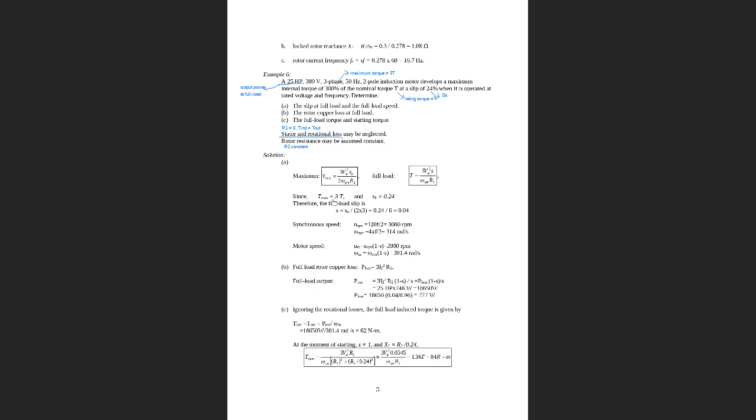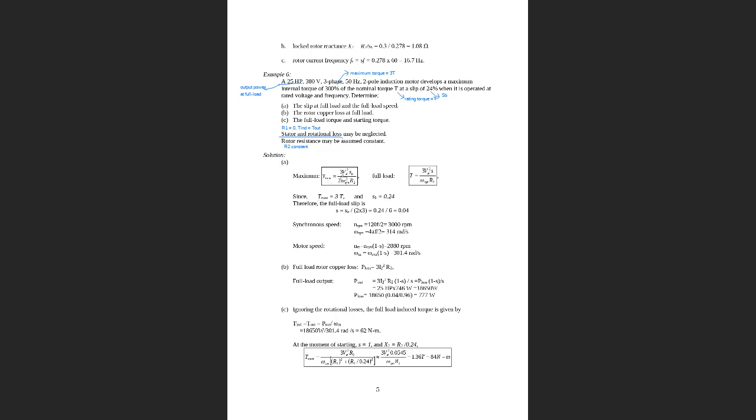So based on this relationship, T maximum equals 3 times T at full load. We can find the full load slip by comparing T maximum and the T given here.